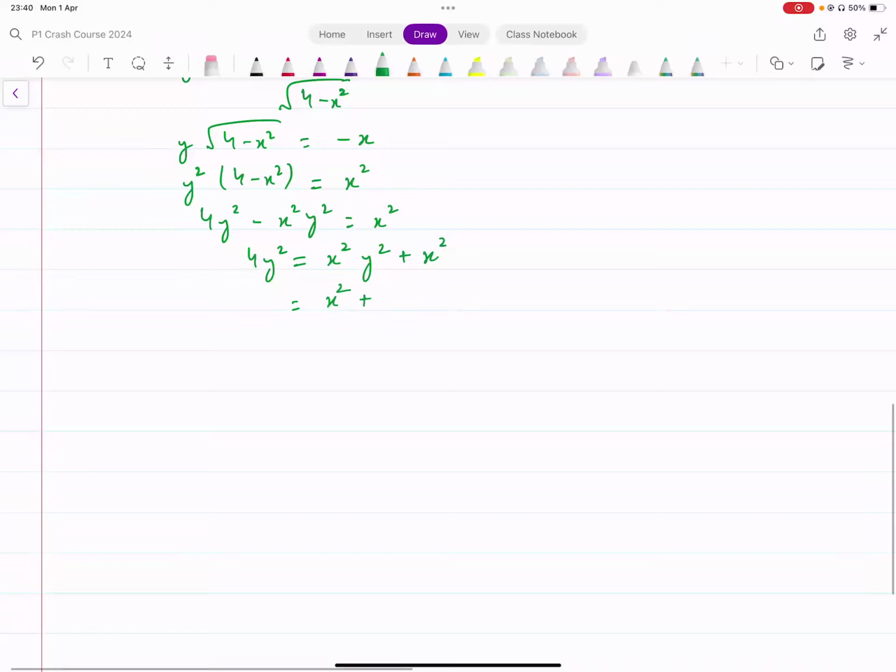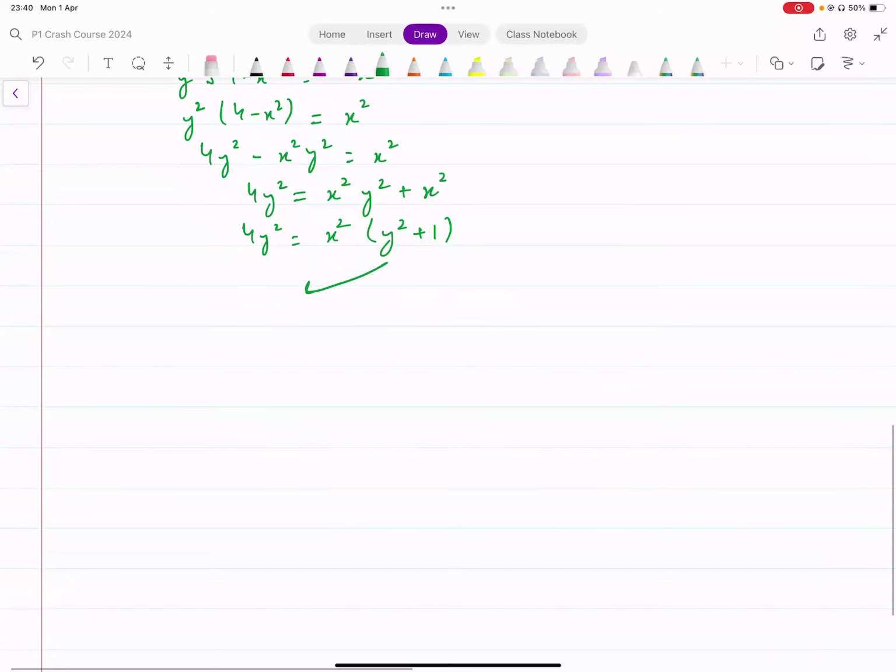That leaves you with x squared into y squared plus 1 equals 4y squared. Take this y squared plus 1 to the other side, and you get x squared equals 4y squared divided by y squared plus 1. Okay, all good until this point? We're just making x the subject. That's all that we're doing.